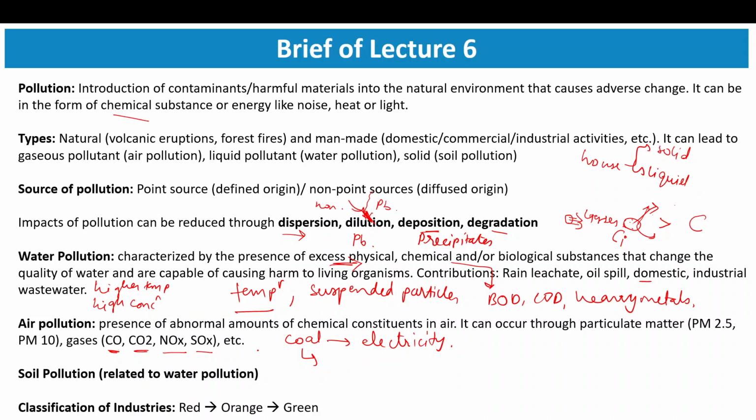Now, further particulate matter. Say, for example, there are dust particles, there are fly ash. So all such solid or maybe some liquid droplets also, which can form an aerosol present in air, can cause pollution. So particulate matter, if we talk about, these are small fine particles present in air, right?